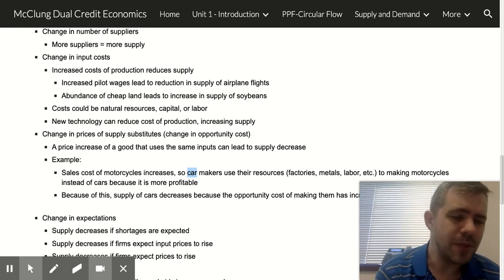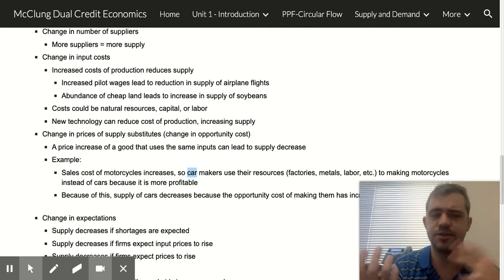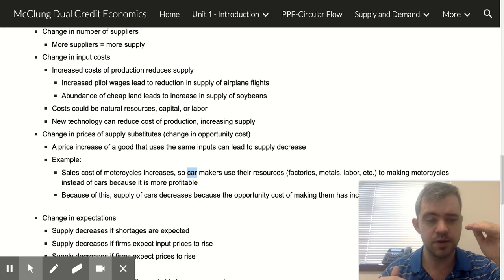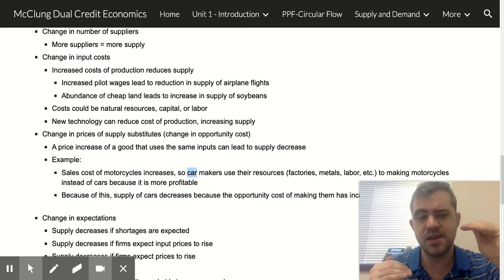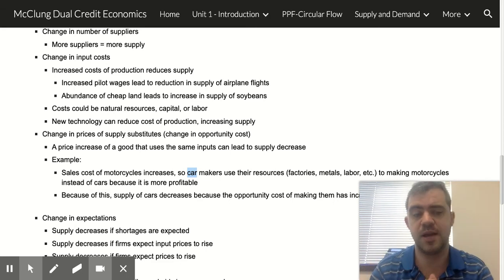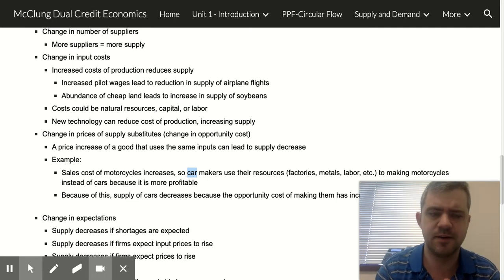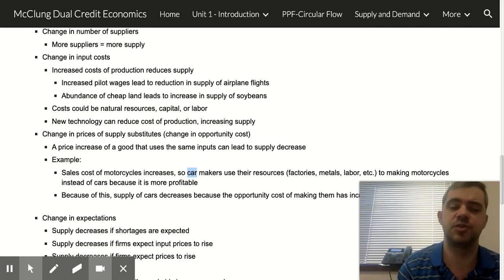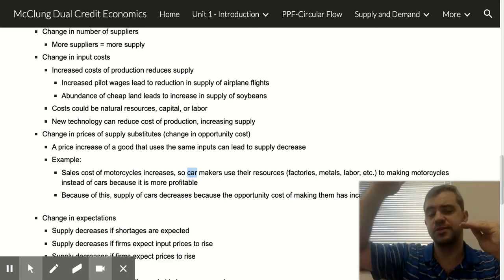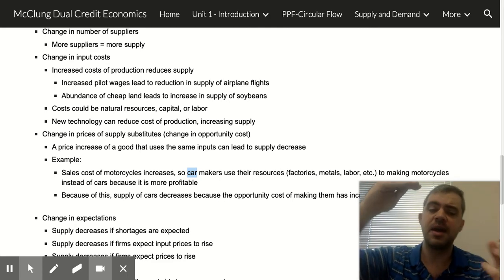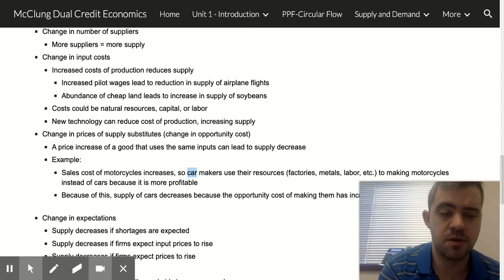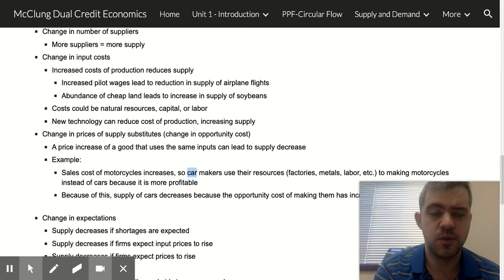Same thing if it's corn and soybeans. If the price of corn goes down, then maybe I wind up making more soybeans because I'm making more profit with my inputs by making soybeans. Or if the price of corn increases, maybe I make fewer soybeans because now I can make more profit with the other.